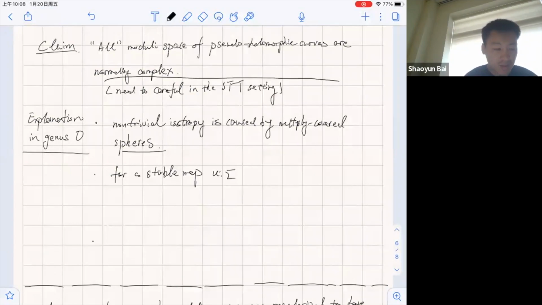So our sigma is some kind of nodal Riemann surface. And let's look at the associated deformation complex.